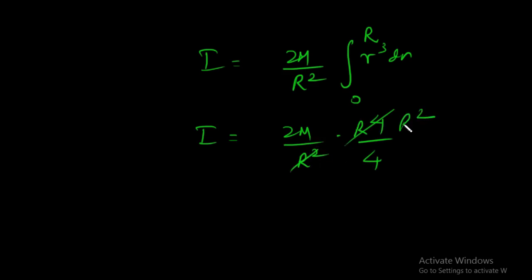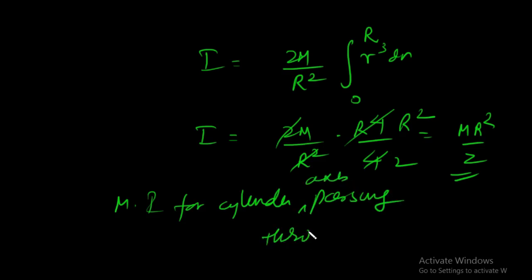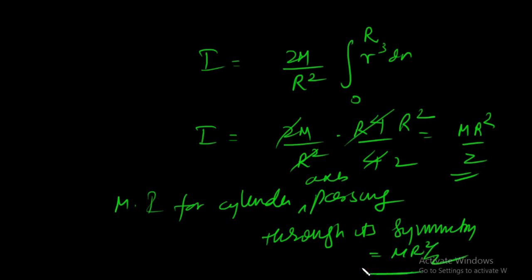These get cancelled, this will be R square, and this will be 2, so it will be M R square by 2. So now we have the moment of inertia for the cylinder with the axis passing through its symmetry axis: M R square by 2. This is the answer.